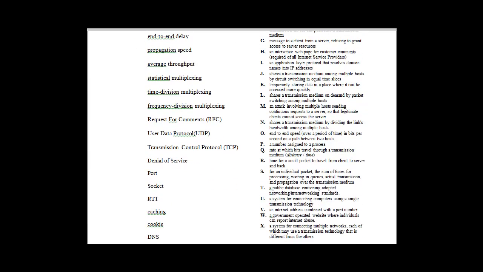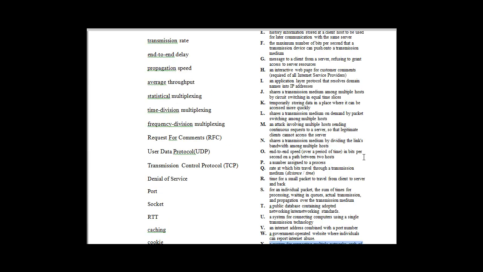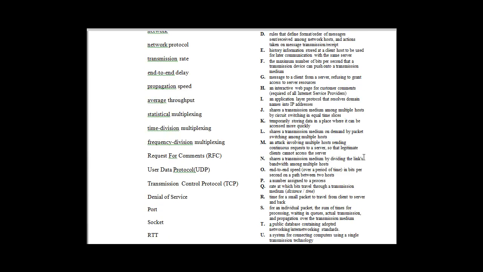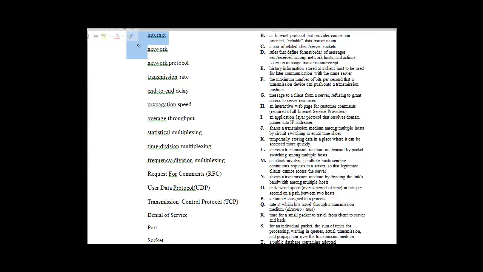The definition of the internet for us is a system connecting multiple networks, each of which may use a transmission technology that is different from the other. So it's interconnecting different transmission technologies. So we'll go ahead and mark down X for that first one.